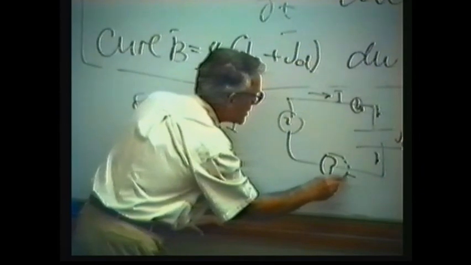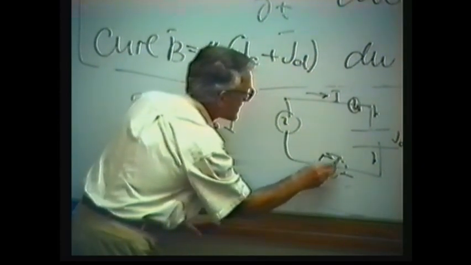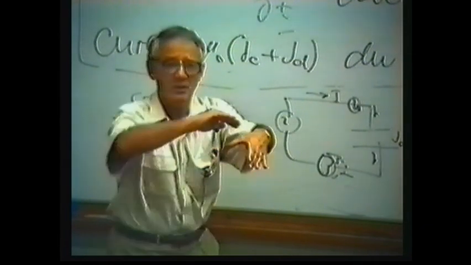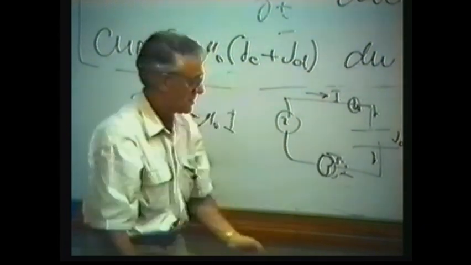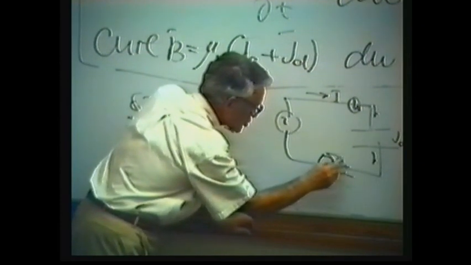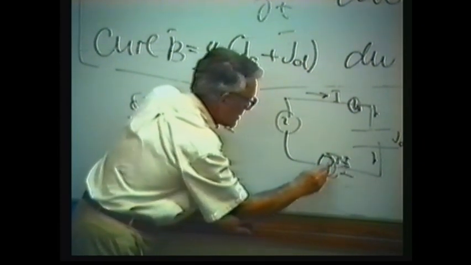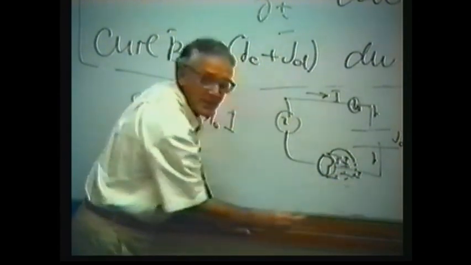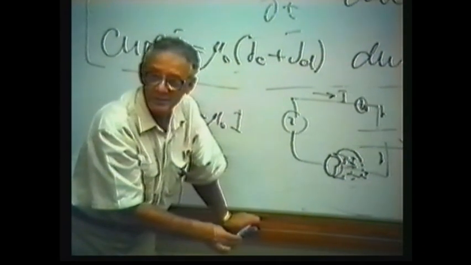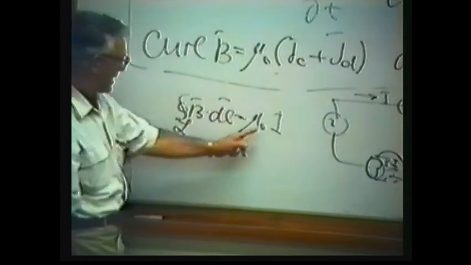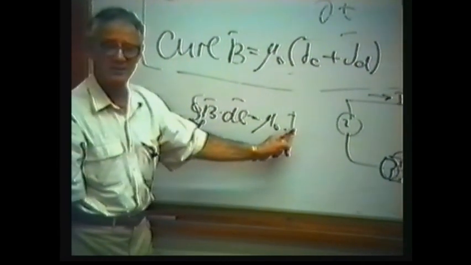Current which is going through any surface S bounded by this contour. Clear? So you take this contour. What is the current that goes through this surface? I. You take this surface, current I. So the integral is all the time the same, equal to mu naught times current.